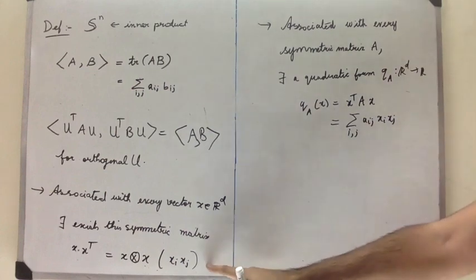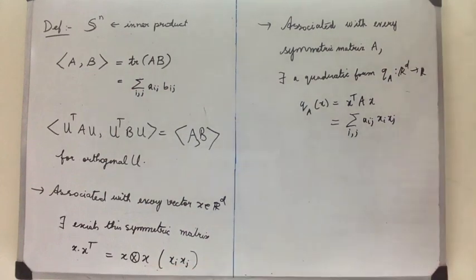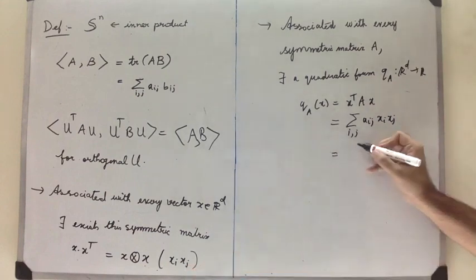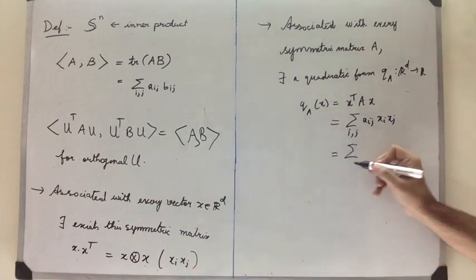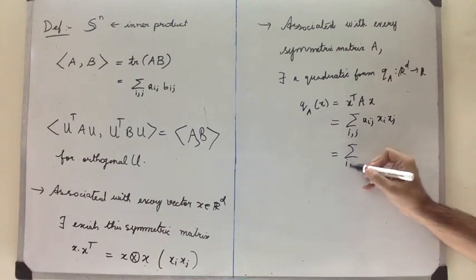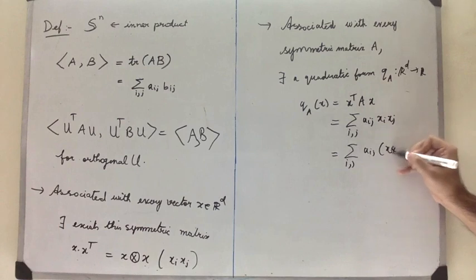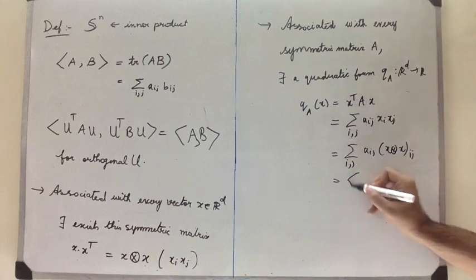So using our notation of x tensor product x, one can write this as the sum over i,j of A_ij. So this is simply A.